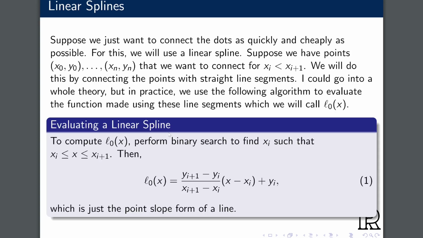And so to evaluate the spline, we just need to figure out which line segment we're on. This can be done very efficiently with binary search. Because our list is sorted, if we have a point x and we want to find which 2 points it's between, just cut the list in half and then check if the point on the left is smaller than x, and then if it is, then we know that the point must be in the interval to the right.